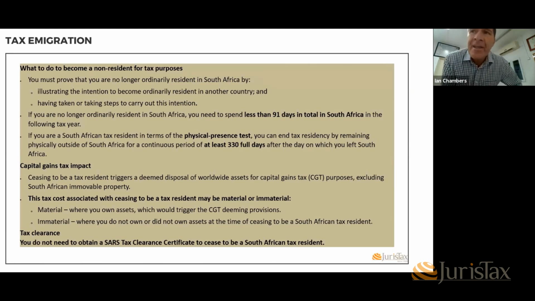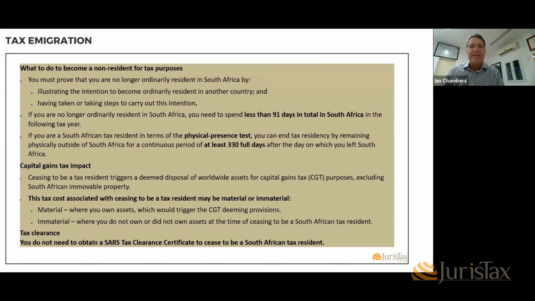Now, the effect of immigration from a tax point of view is that you are giving up tax residency. And from a tax point of view, what happens then, you are deemed to have disposed of all your assets and immediately reacquire those assets at market value.